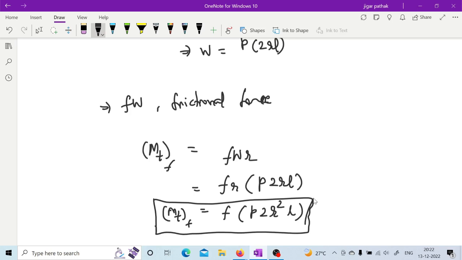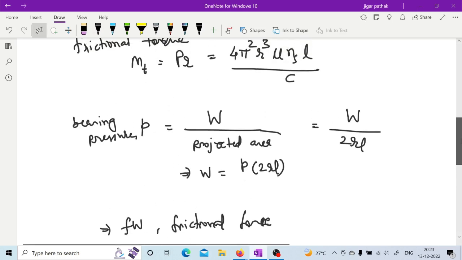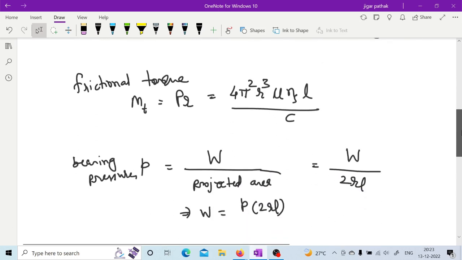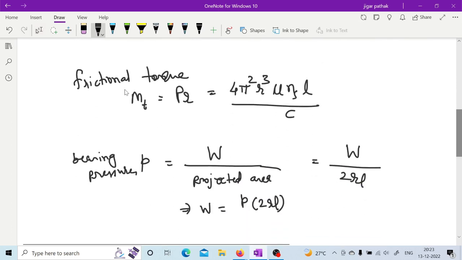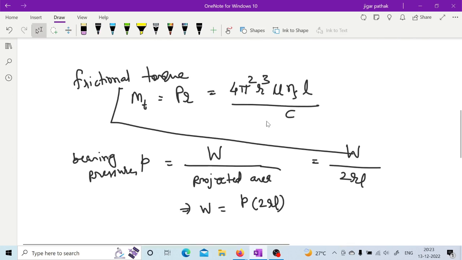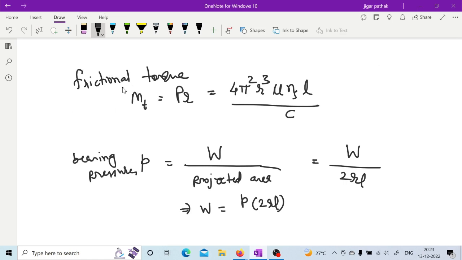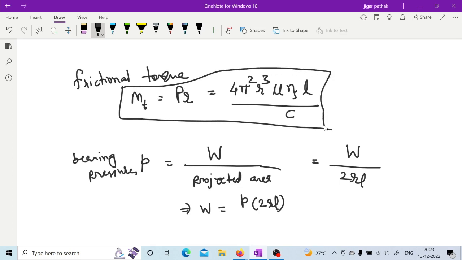You have also derived frictional torque earlier, like this. Once you have both of these frictional torques, we can equate the two.